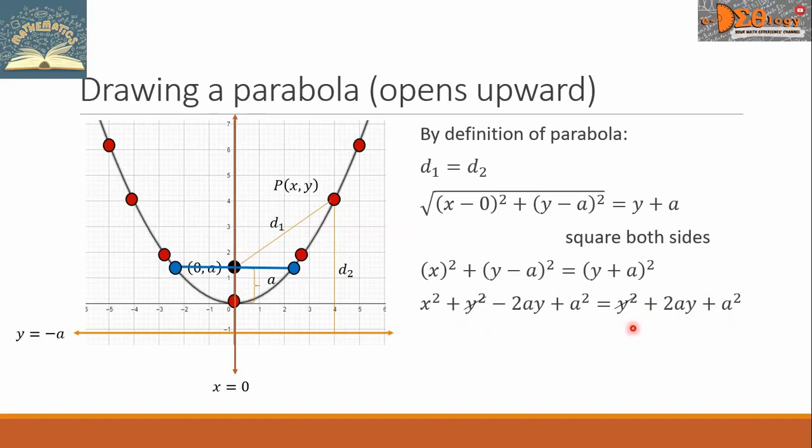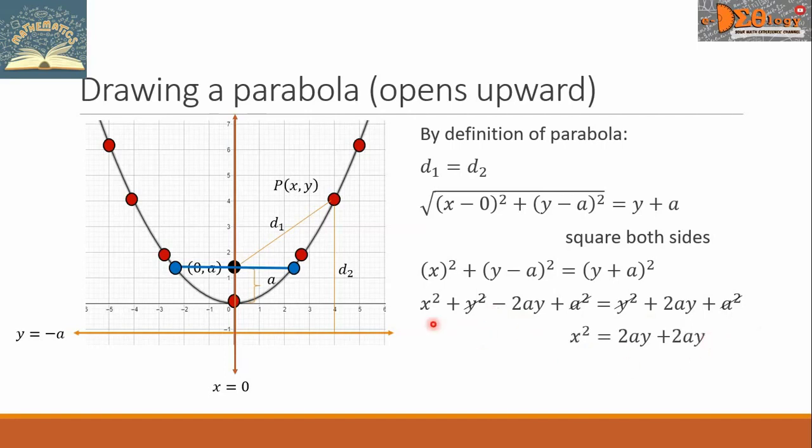Also, there is a squared on both sides that we can cancel. Now this negative 2ay we will transpose to the right, so from negative, it becomes positive.